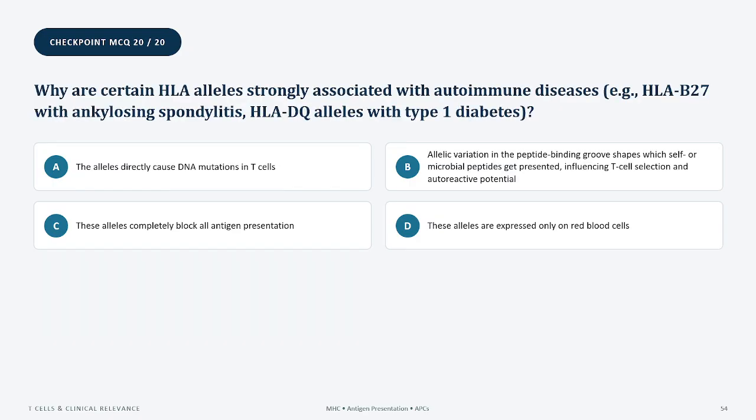Okay, so that's the last question. Why are certain HLA alleles strongly associated with immune diseases, like HLA-B27 with ankylosing spondylitis, and type 1 diabetes?